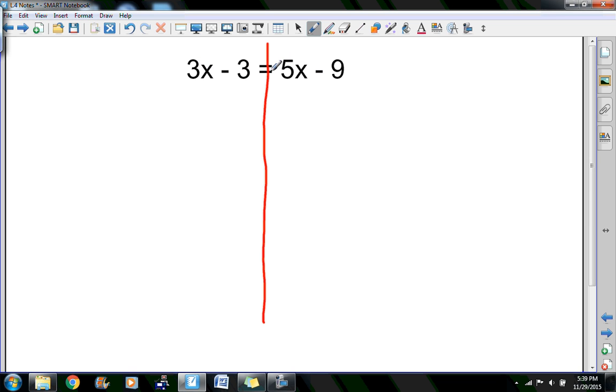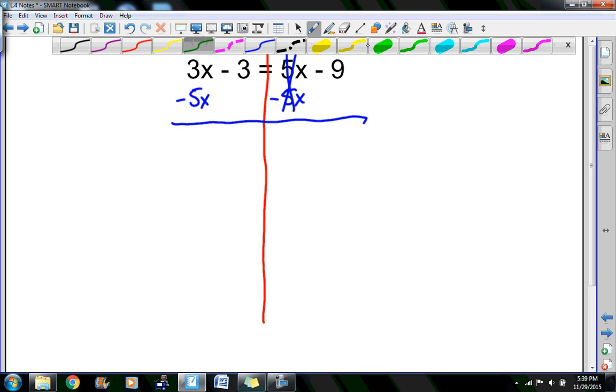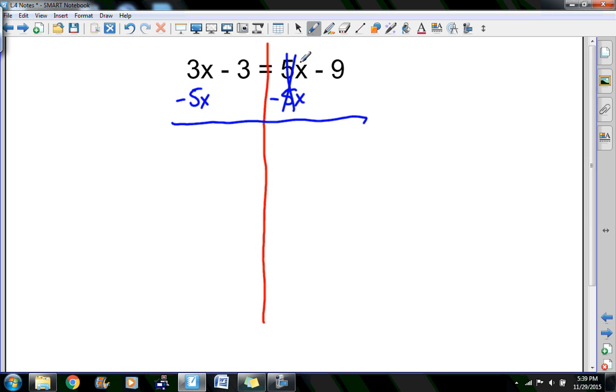So the opposite of positive 5x is negative 5x. So I create a 0 on that side of the equation. So I have now moved all of my x's to the left side. The right side, since this is 0, is now just negative 9.